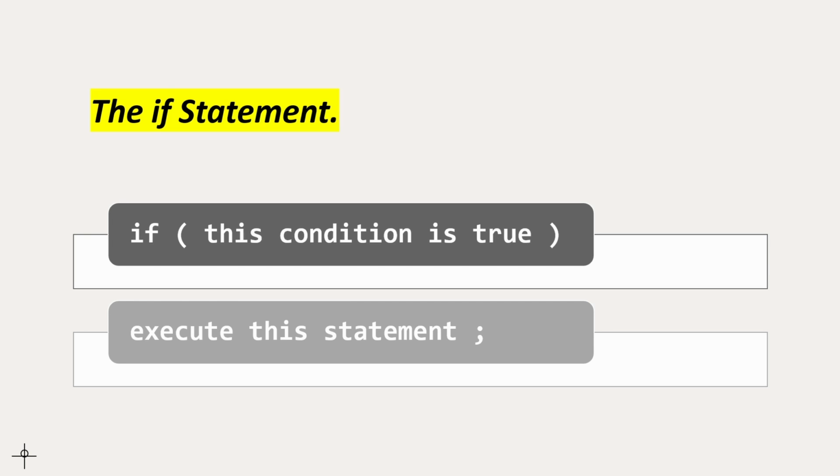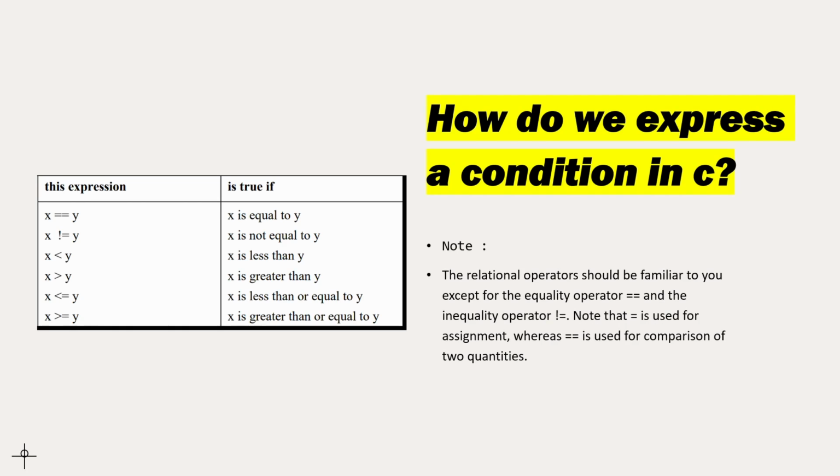It's basically simple, right? So coming to the question we all would have on how this condition is expressed in C, there is a certain way to express this condition. Normally we use equal to as an assignment operator, but here, to evaluate an expression, we use double equal to, right?